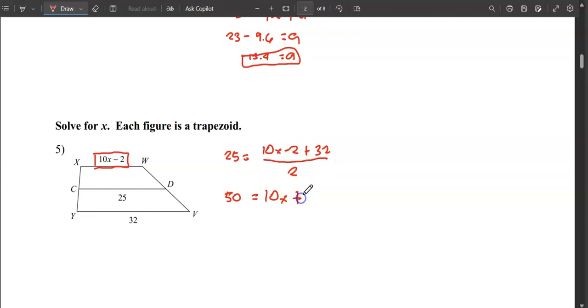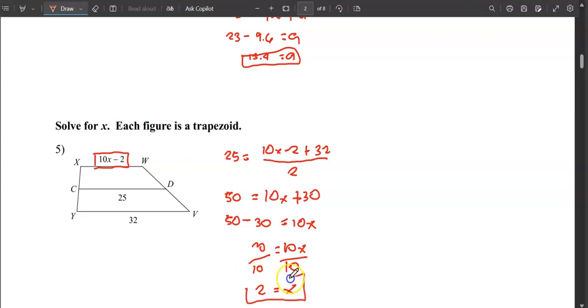This is plus 30. So we have 50 minus 30 equals 10x. 20 equals 10x. Divide everything by 10. 2 equals x. So our value for x now is 2.